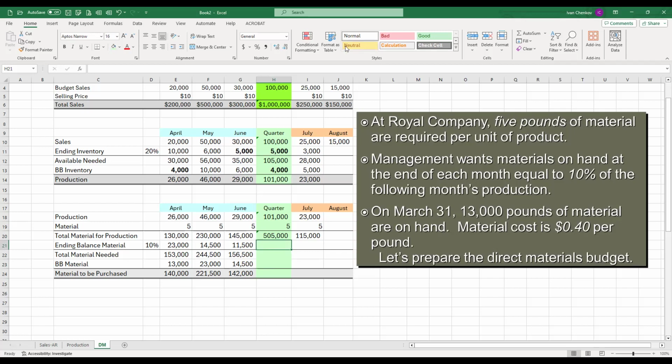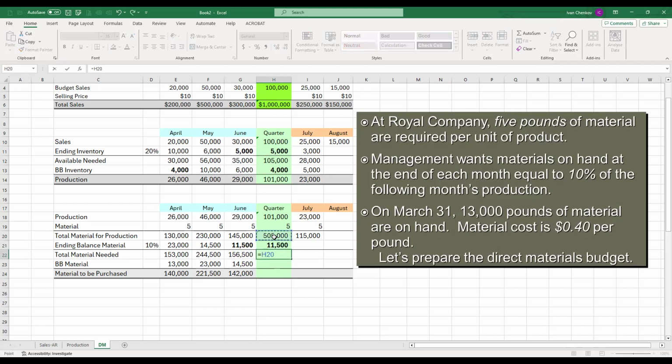Somebody to help me here? 11,500. How am I going to get it? That's the balance at the end of the last month of the quarter. So the last month of the quarter gives you the ending balance for the quarter.